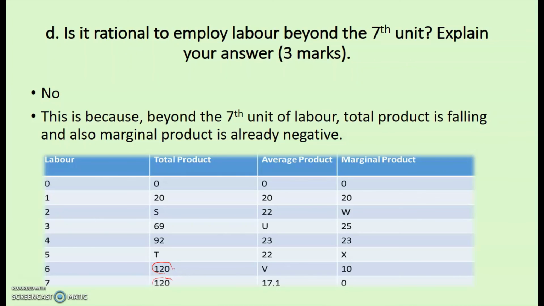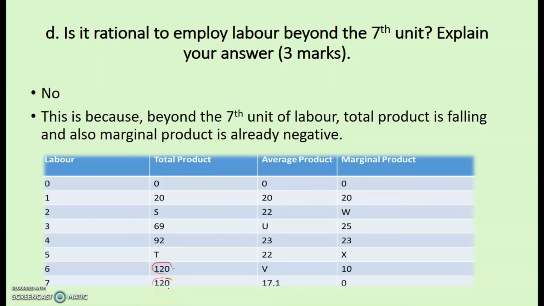The answer will be no. Then the explanation is that this is because beyond the 7th unit of labor, total product is falling. So you realize that when total product attains its maximum, the next thing is it begins to fall. So any additional labor you employ will rather add to your cost of production and not add to your total productivity.